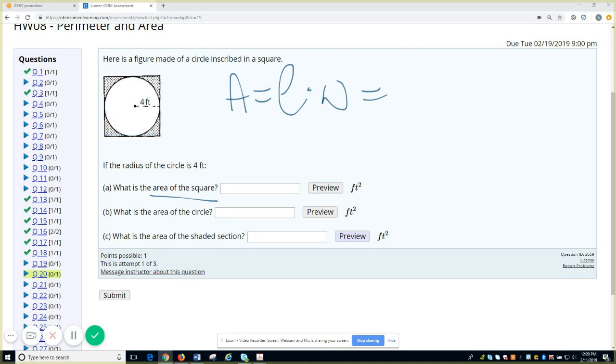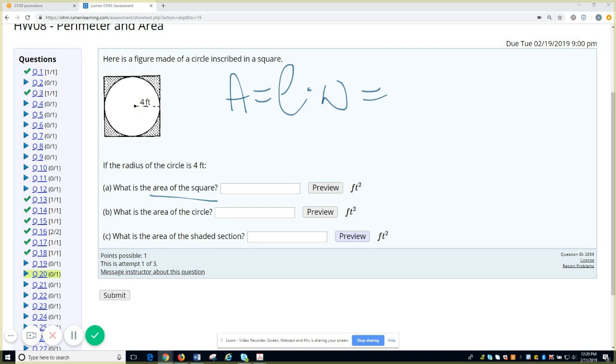Well, what we're also given is the radius of the circle. Now, as you can see, both edges of the circle touch the square. So that means that the diameter of the circle is double the radius, so it's 8 feet.